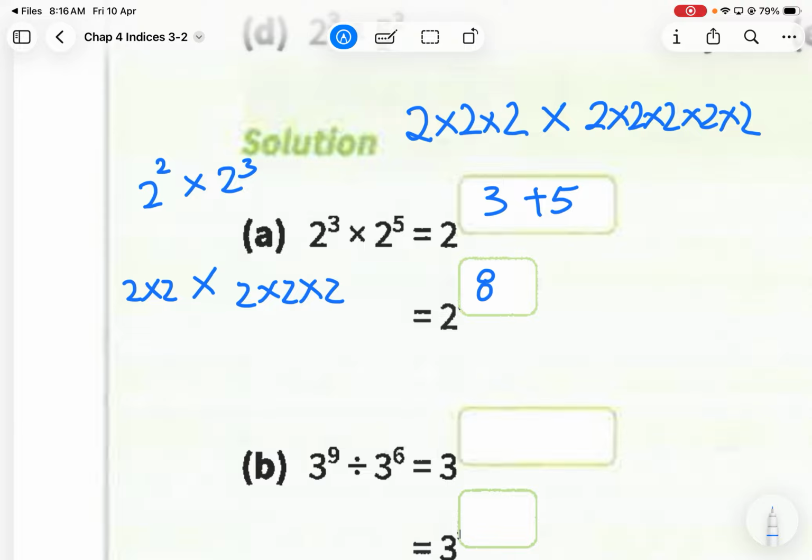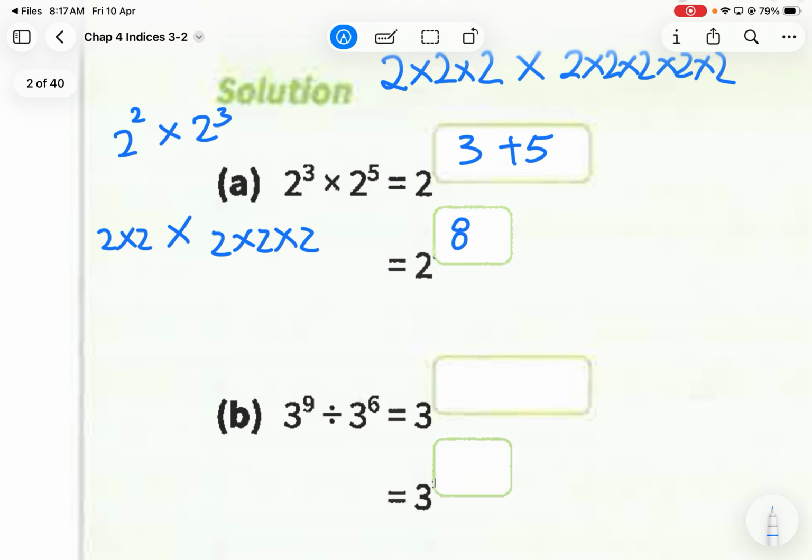After that, when I see this, I will remember already. I should add up the power, because it's 5 of the 2. So go back to your basics, what is happening, and then use smaller numbers to help yourself if you cannot remember the law. But if you remember the law, then good lah.